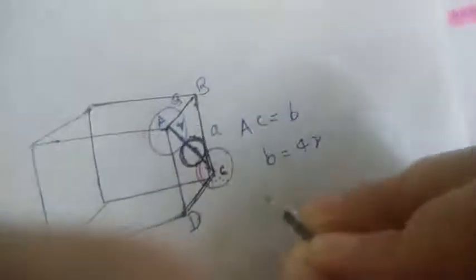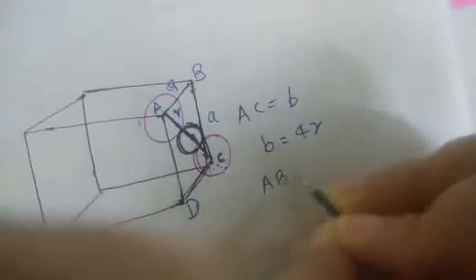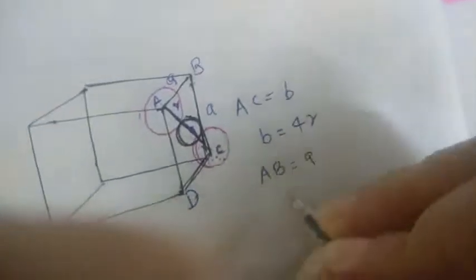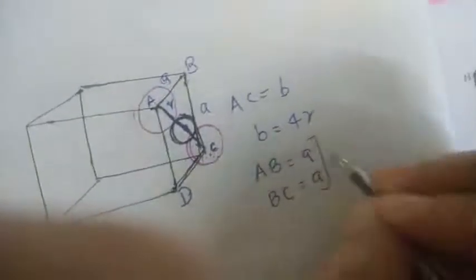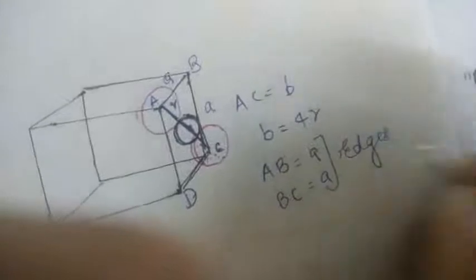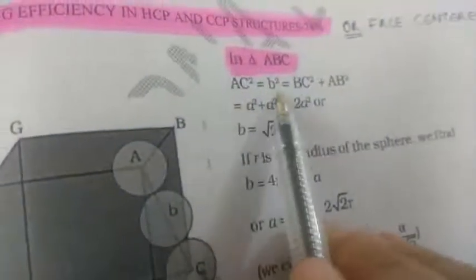So it means we can represent AB as a and BC also as a. Why? Because these are edges. So in place of AC square we have written b square because AC was equal to b. In place of BC square we can write a square. In place of AB square we can write a square. I hope you have understood why b square and a square have been written.